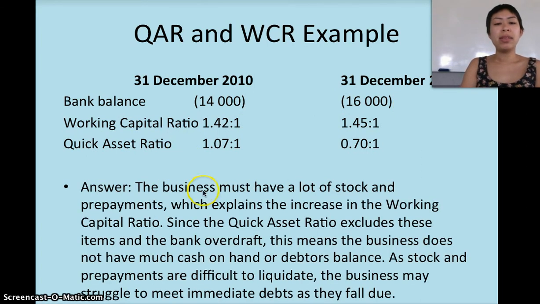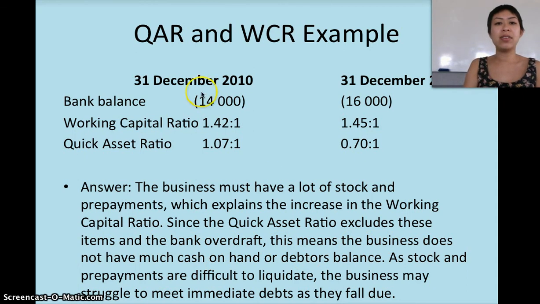So this might mean that the business has a lot of stock and prepayments, and that explains the increase in the working capital ratio. They do have more current assets, but these current assets are tied up with stock and prepayments. Now, since the quick asset ratio excludes these items and bank overdraft, this means that the business does not actually have much cash on hand or a debtor's balance.